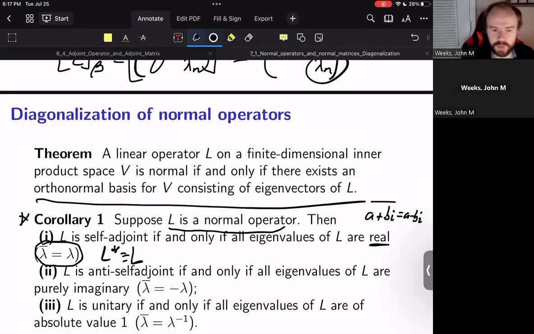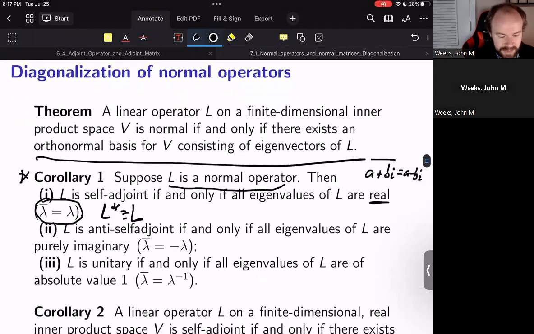A similar proof is going to show that L is anti-self-adjoint if and only if all the eigenvalues of L are purely imaginary. Notice that that means that lambda bar equals negative lambda, because if we took a look at a plus bi bar and then tried to form a negative lambda on this, then we would have something like this.